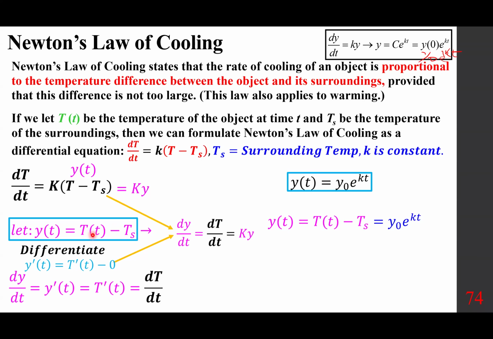So what is capital T of t? If you move this to the other side, T of t becomes y sub 0 e to the power of kt plus T sub s.